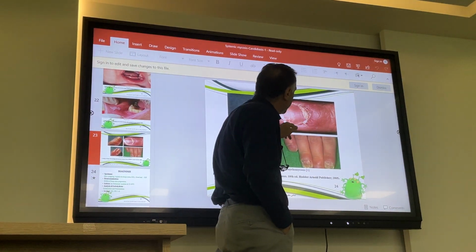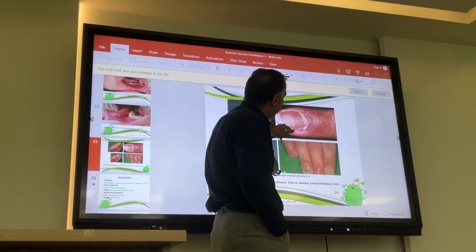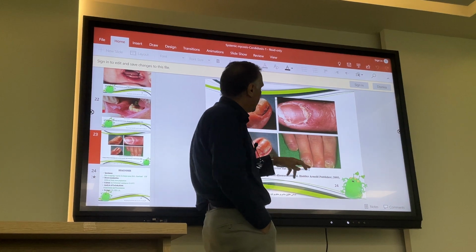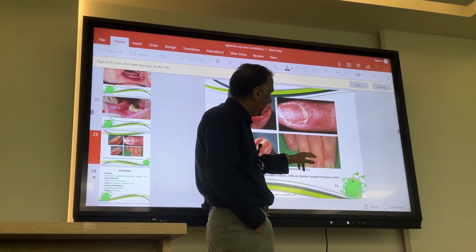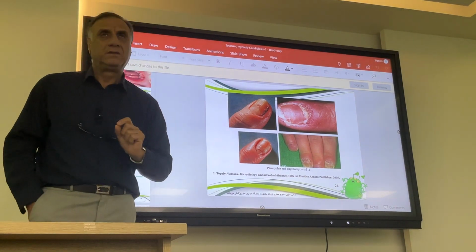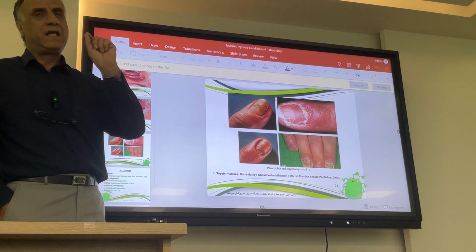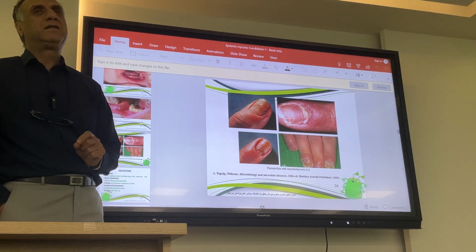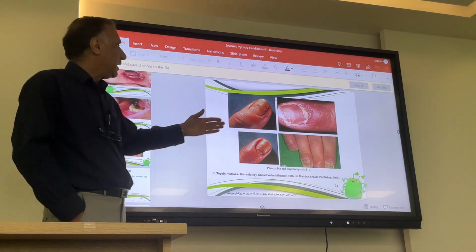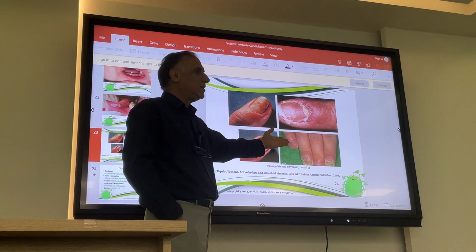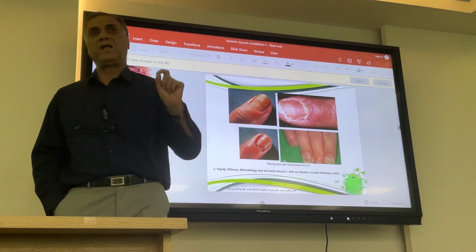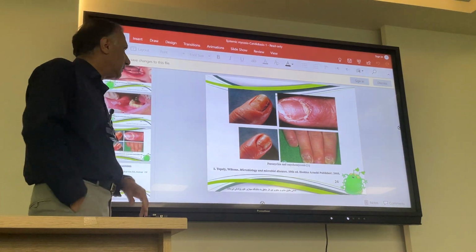Inflammation and swelling of soft tissue, and destruction of the nail. One of the common fungal agents for onychomycosis is Candida. For diagnosis of candidiasis in this condition, you must have a laboratory report.